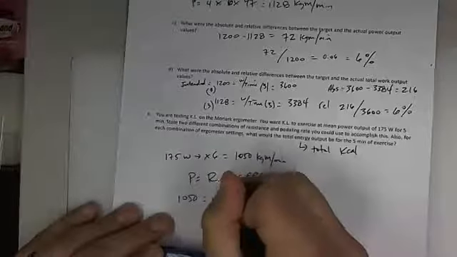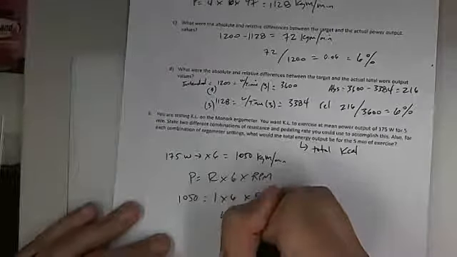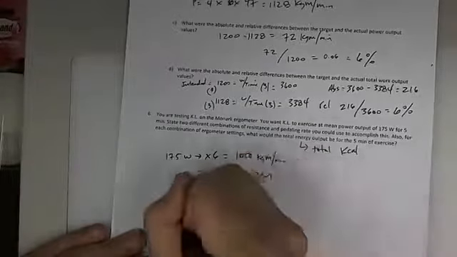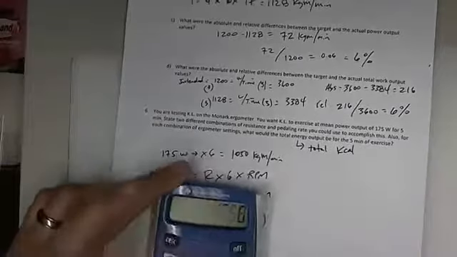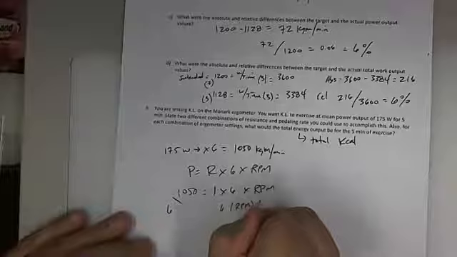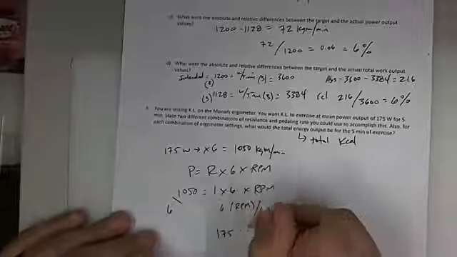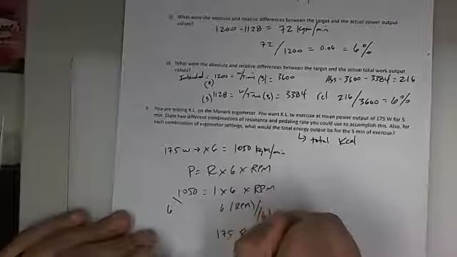So I'm going to go easy and pick a resistance of 1. So 6 times RPM, divide both sides by 6. So 1050 divided by 6 gives us 175 RPMs.